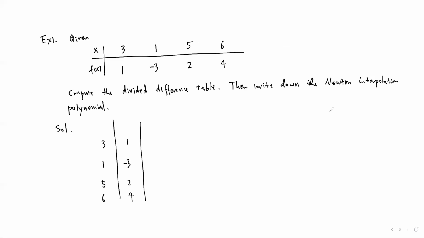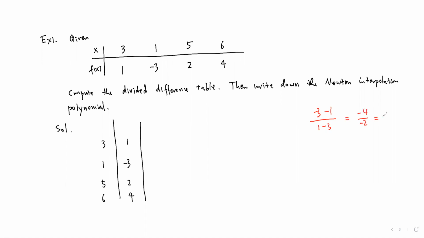By formula, it is function value at 1 minus 3, right? This number minus this number, then over this node minus this node, 1 minus 3. It is -2 over -4.